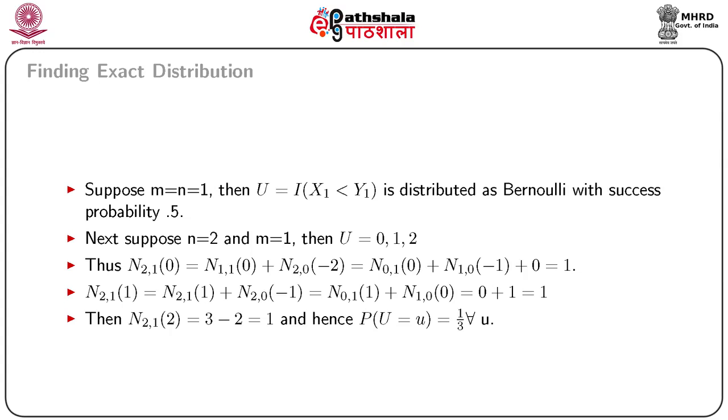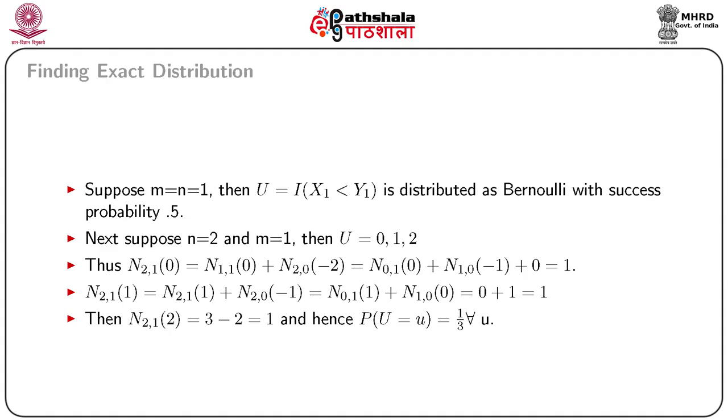Again, applying recursion on N_{1,1}(0), we get N_{0,1}(0) plus N_{1,0}(0-1). And since N_{1,0}(0-1) equals 0, we have N_{0,1}(0) equal to 1 and we get N_{2,1}(0) equal to 1. Next, consider N_{2,1}(1), which is the sum N_{1,1}(1) plus N_{2,0}(1-1).